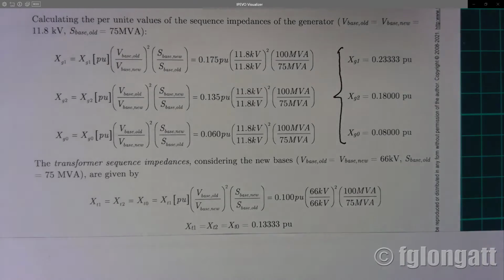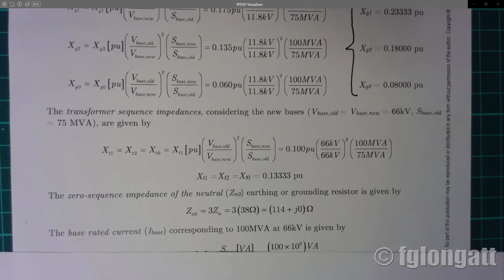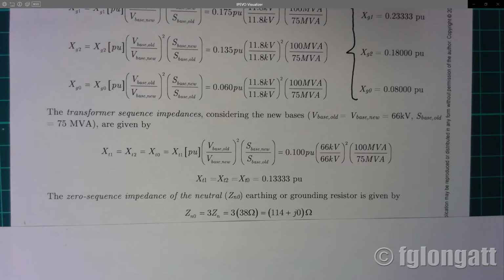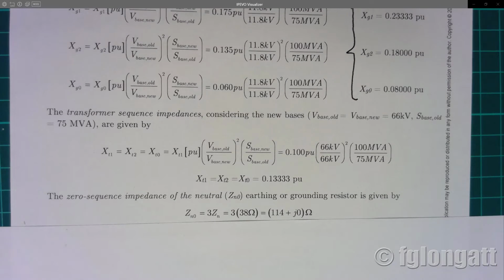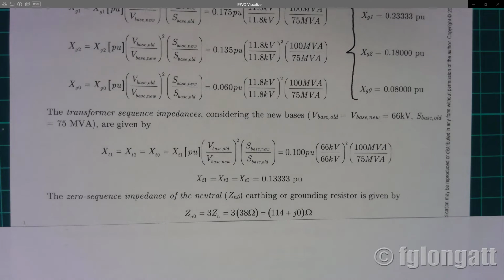Now, the next step is, all of you must remember that in this case, we have a resistance of 38 ohms, and these 38 ohms are connected between the transformer's star neutral point on the high voltage side and the grounding or earth system.